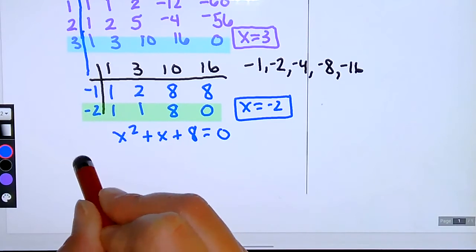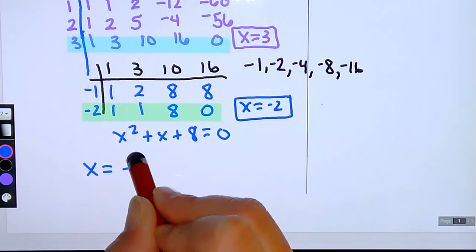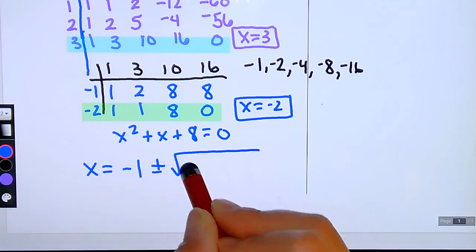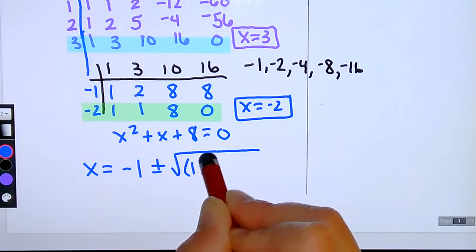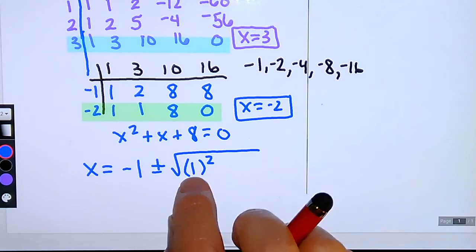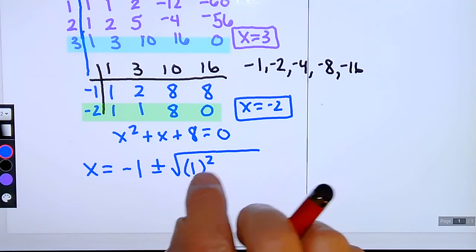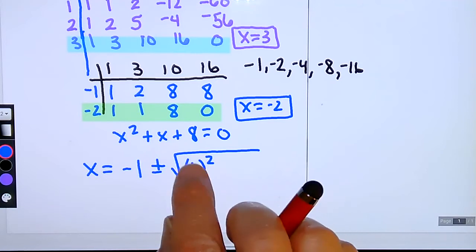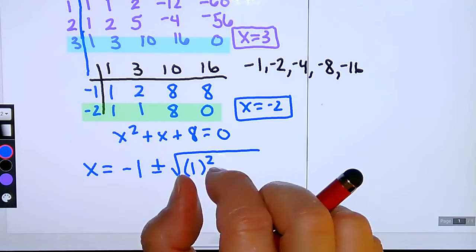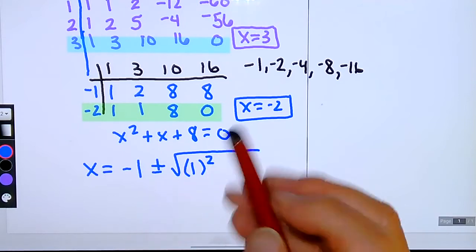And so I'm going to get x is equal to negative 1 plus or minus the square root of 1 squared. I like to put whatever I'm squaring in parentheses, because if this had been a negative, sometimes students enter it in wrong. Whatever it is, it's going to end up being a positive, but just put it in parentheses with the square outside so you don't miss it.